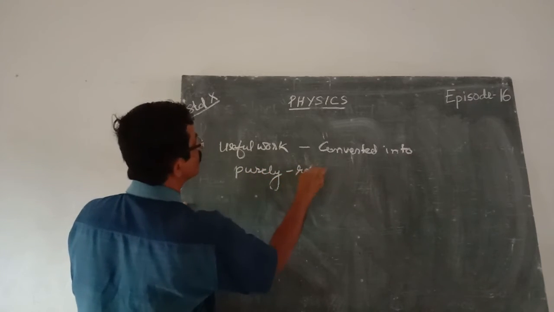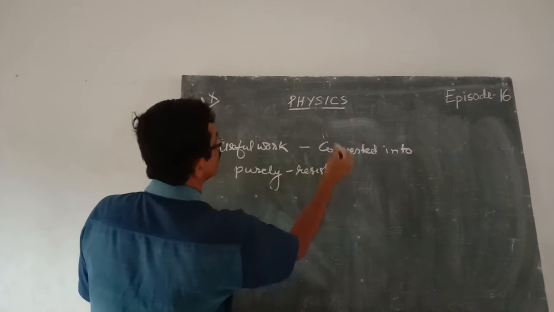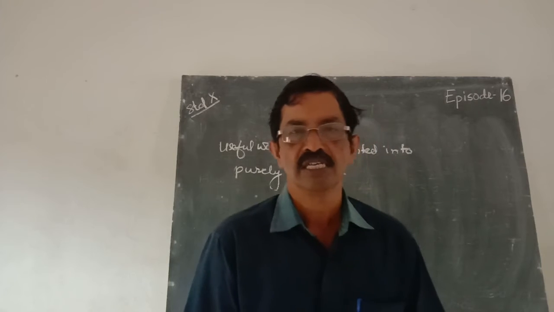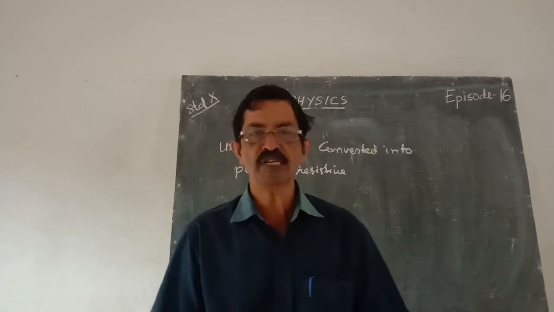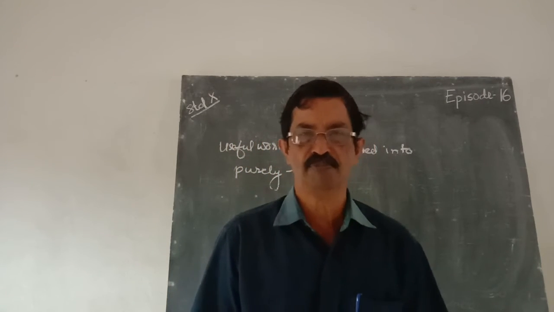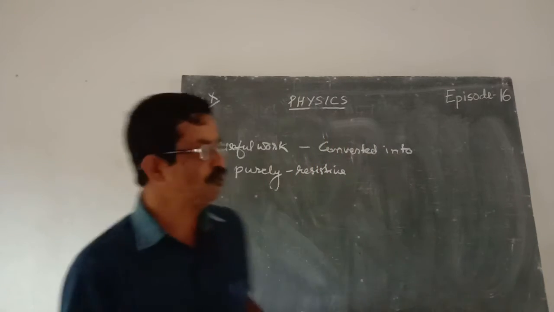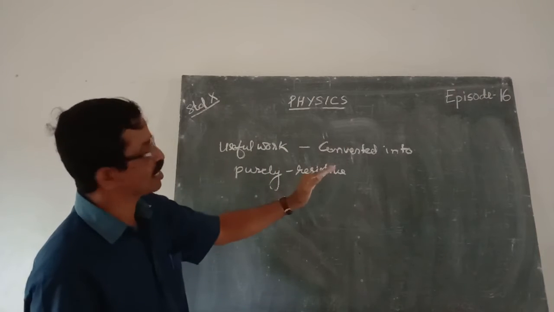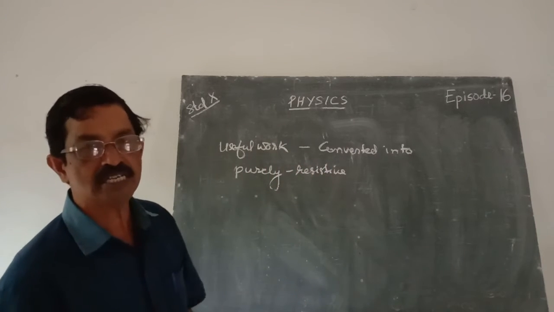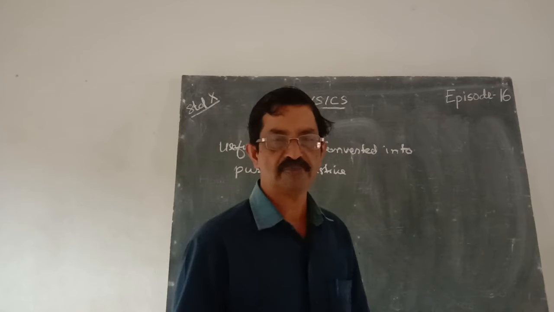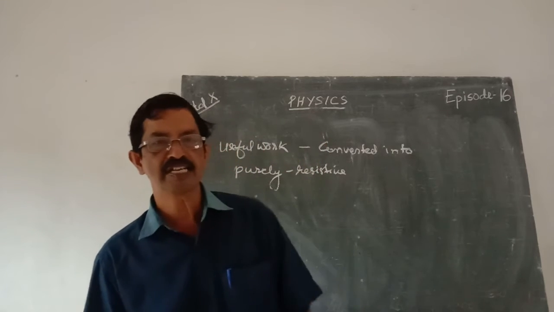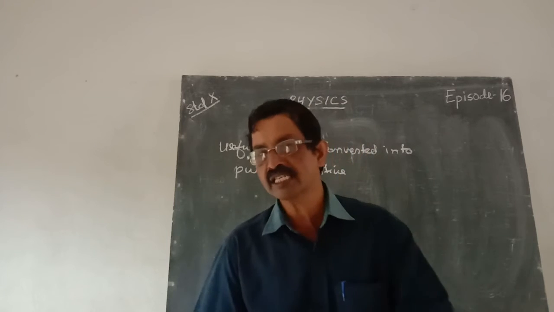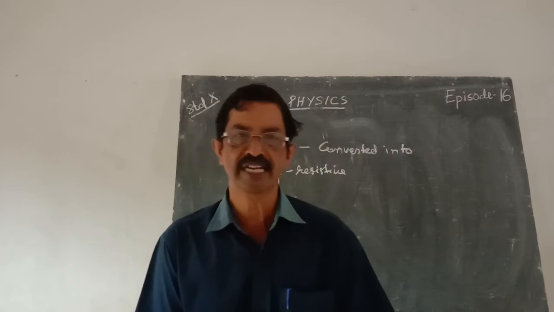Now suppose the circuit we use is purely resistive. Then what happens to the electrical energy we supply? If the circuit is purely resistive, the given energy is completely converted into heat energy, and that is called the heating effect of electric current.